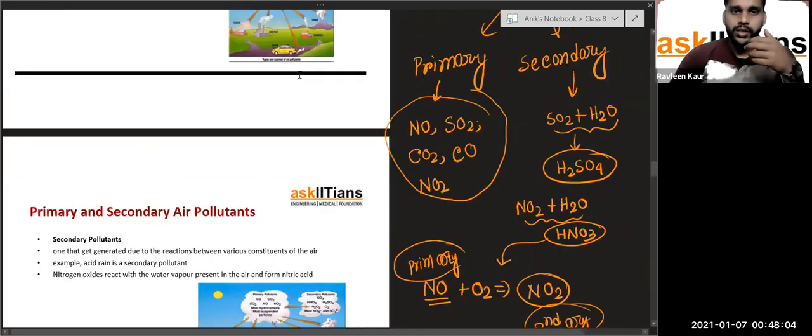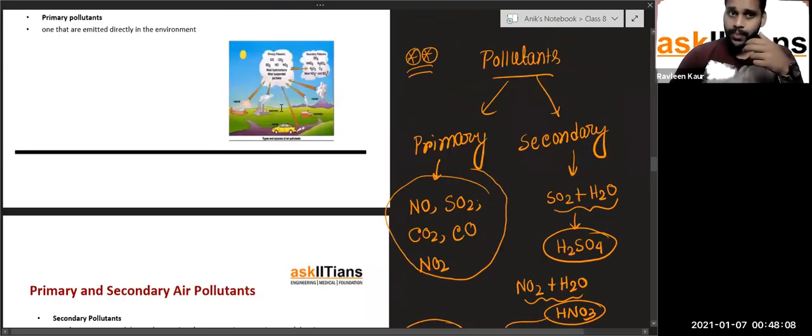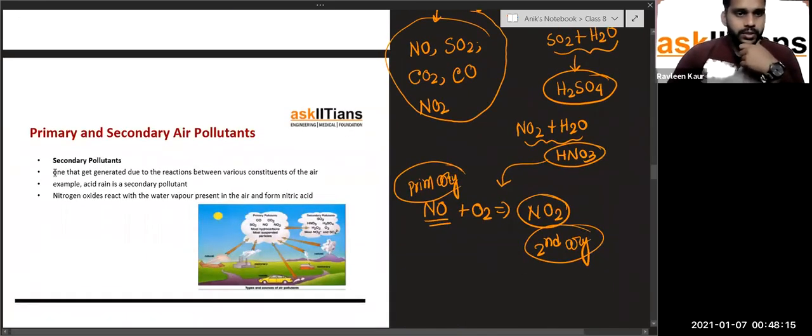Now look at this picture over here. You would get some other examples of secondary air pollutants and primary air pollutants as well. Secondary air pollutants are the ones that get generated due to the reaction between the various constituents of air. Example: acid rain.